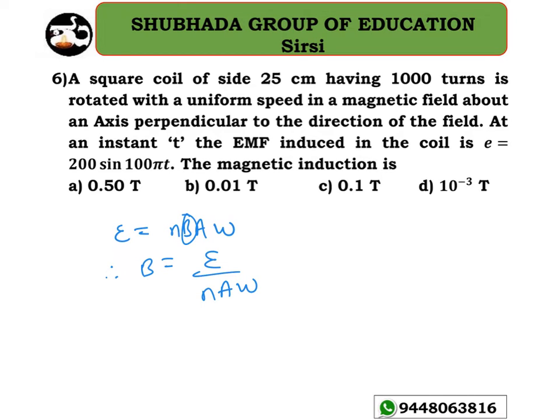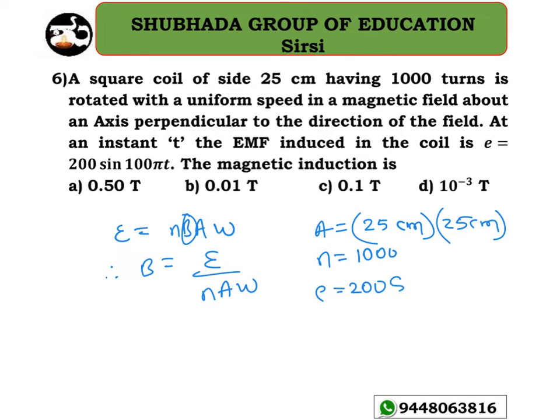A square coil of side, in the sense area must be equal to 25 centimeter into 25 centimeter. N is 1000 turns. And they have given the equation E equal to E naught sine, 200 sine 100 pi t. So clearly omega equal to 100 pi and E naught is 200.